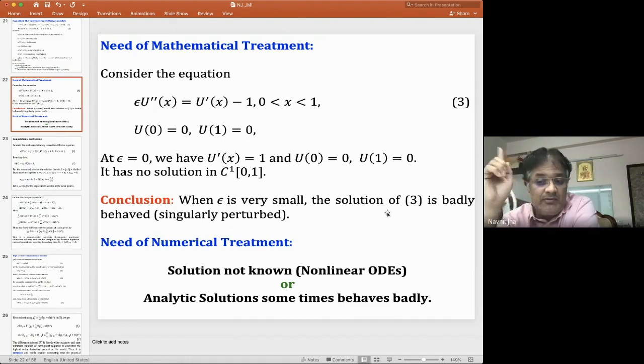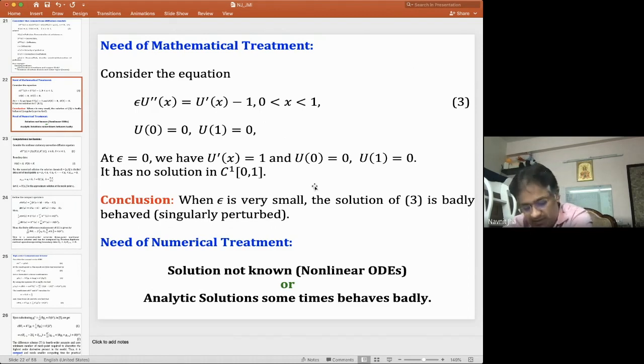Then 10 raised to the power minus 5 will basically be 0 for computing purposes. A finite machine always has finite memory and finite space, so this type of equation will behave badly. That is why, despite the availability of theoretical and analytical solutions, numerical solutions play a very important role.